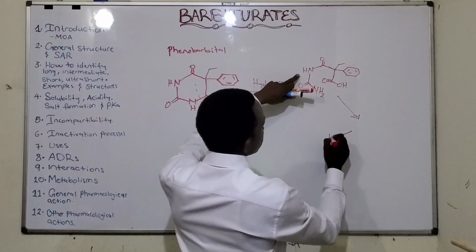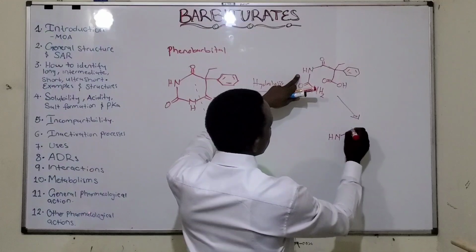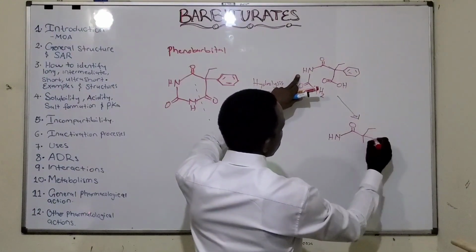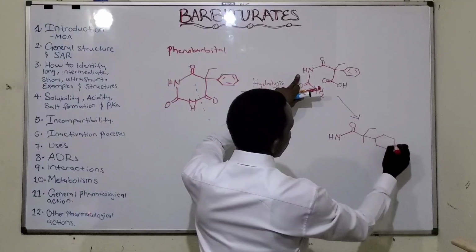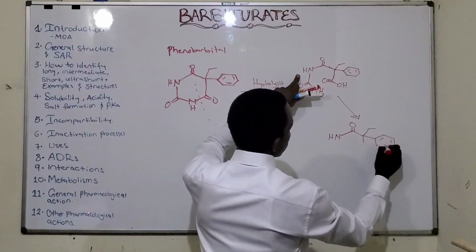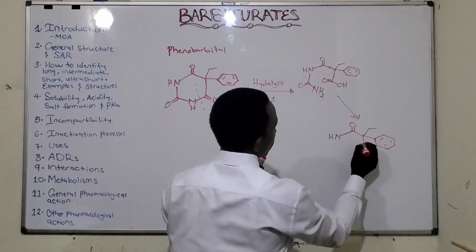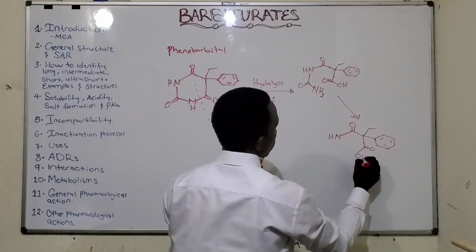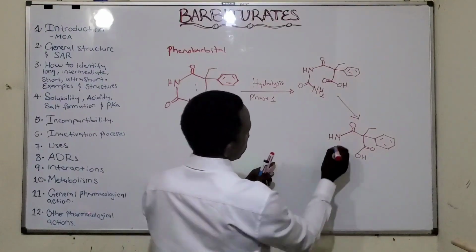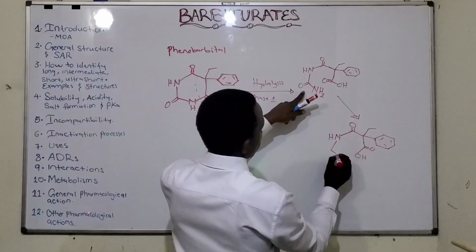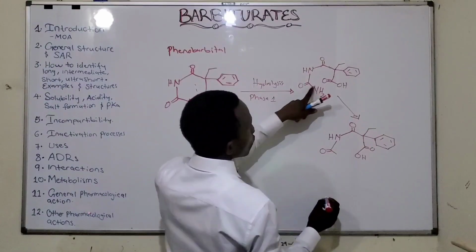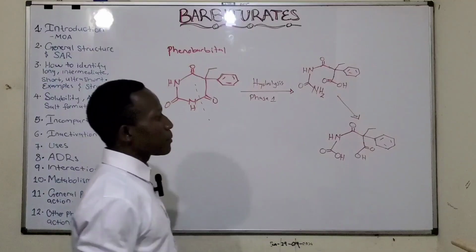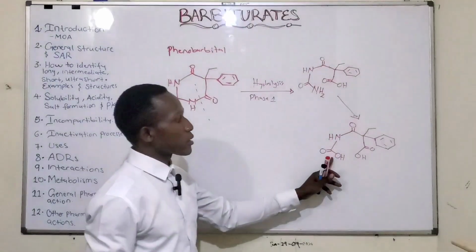We have this NH present, O with a phenyl present, and we still have this OH. Now here, after removal of this one by hydrolysis, we have formed another OH group.